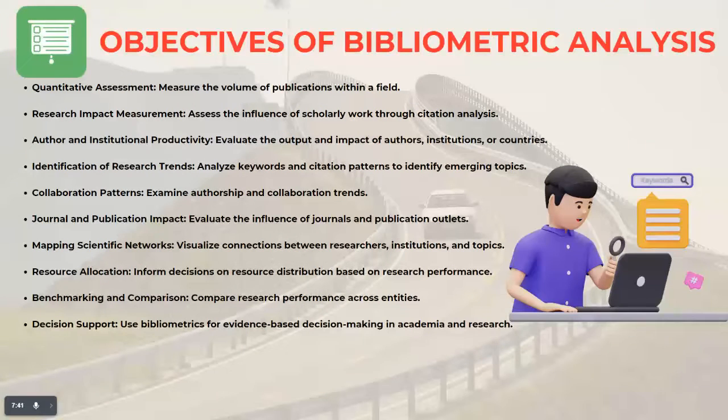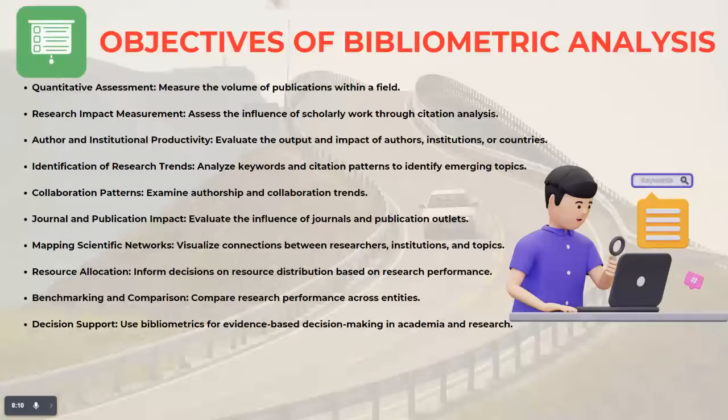Like if we do the citation analysis, we can understand the impact measurements. Then if we want to understand the author and institutional productivity, we can do that by using the authorship pattern, right? That is a key element of our bibliometric analysis.